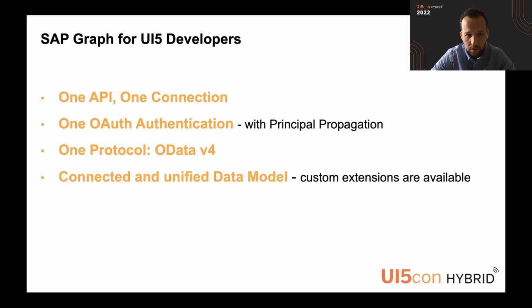There's only one data protocol, OData v4, no matter how complex the landscape is underneath and what the systems support. As an application developer, I always just use OData v4 to talk to this business data graph. And of course, the business data graph itself, the connected and unified data model. What's maybe to mention here is that all the custom field extensions in the underlying systems are available there.